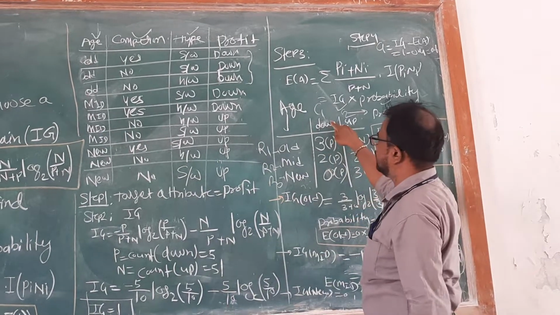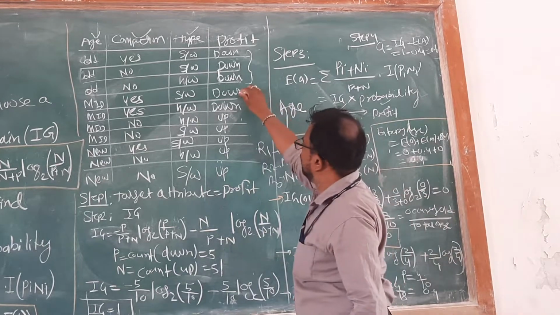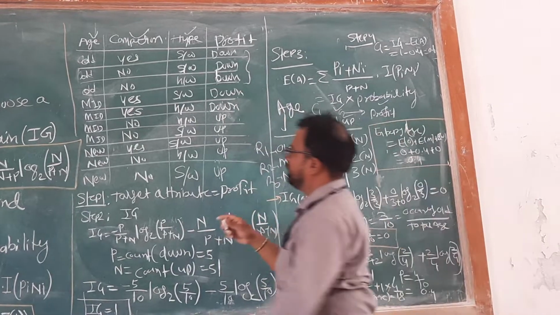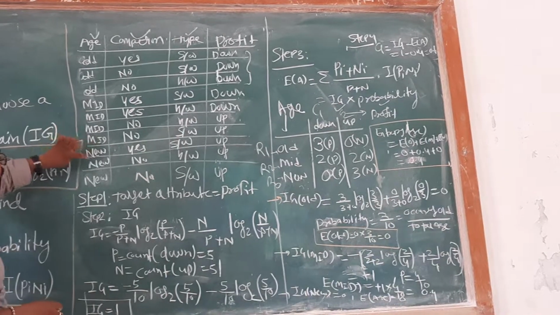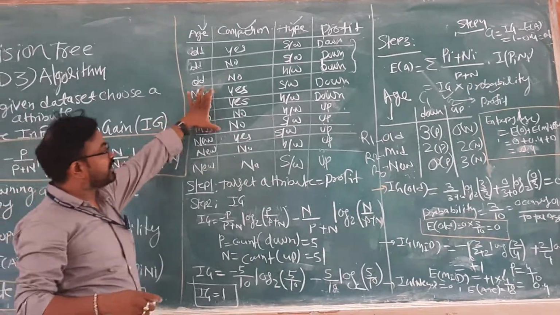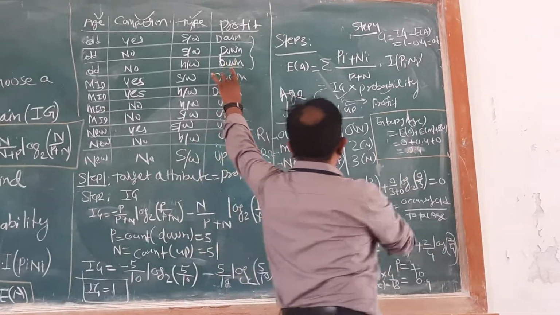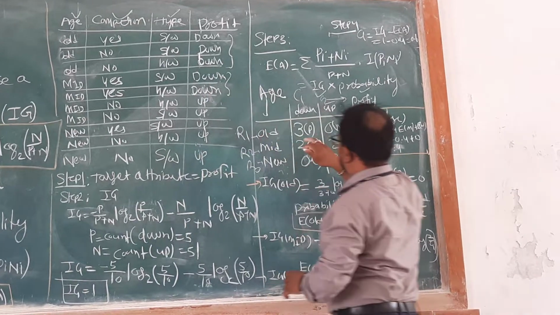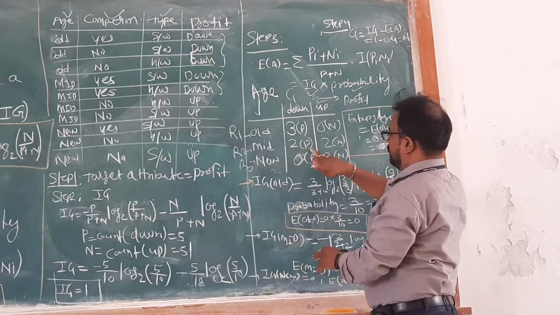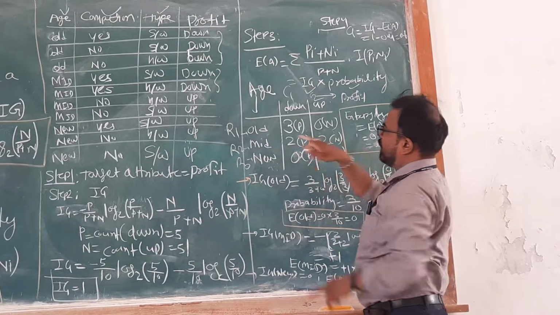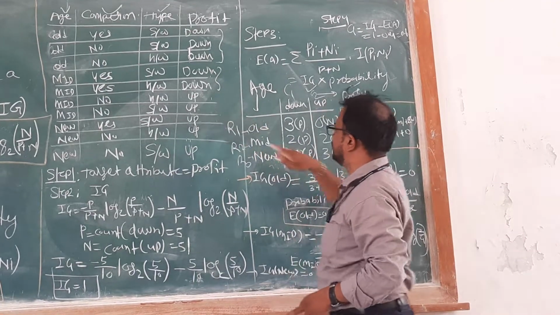How many downs are there for mid? We have 1, 2, 3, 4, 5 mid. For these mid, how many downs are there? 1 and 2, so 2 downs. That count is represented as P. And how many ups are there for this mid?